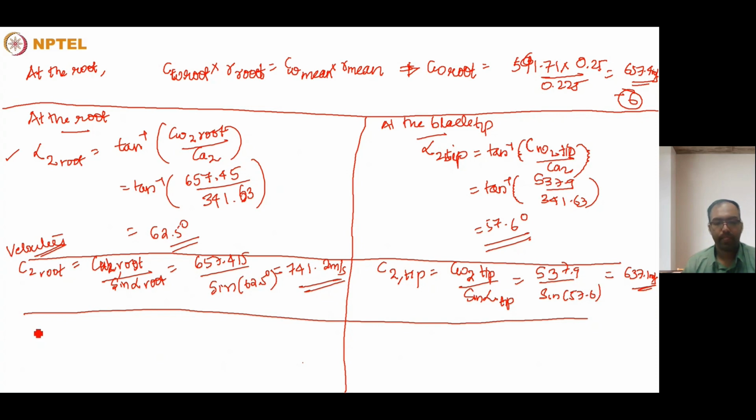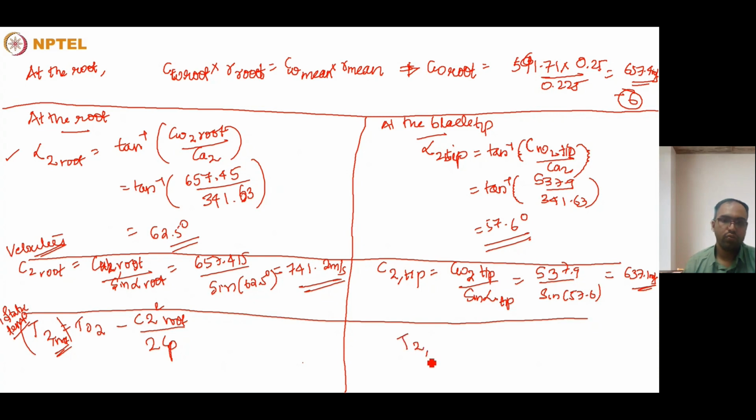Since it's a nozzle, the stagnation temperature remains the same before and after the nozzle. So T2 can be written as T02 minus C2 squared at the root divided by 2 Cp, the static temperature at the root.